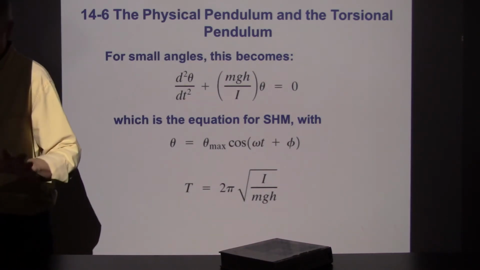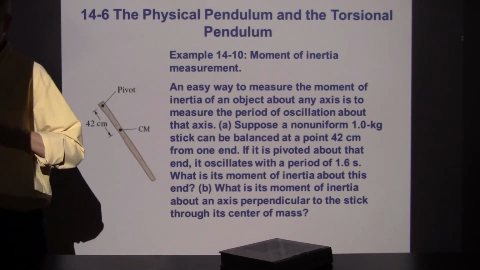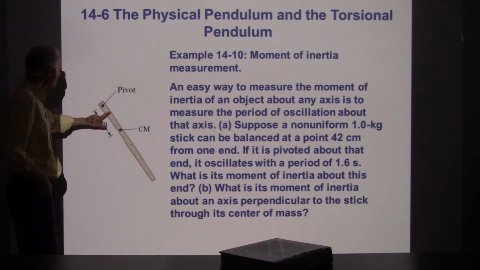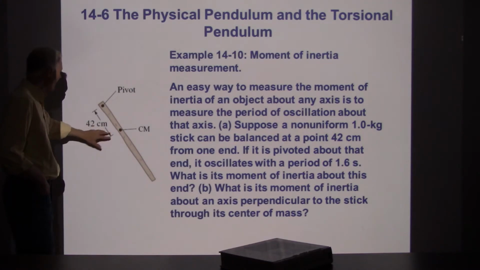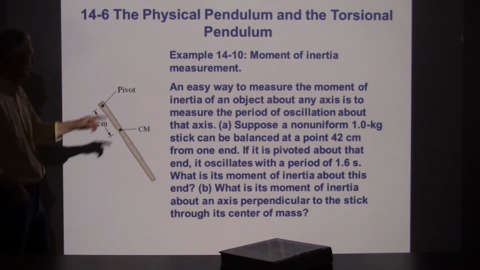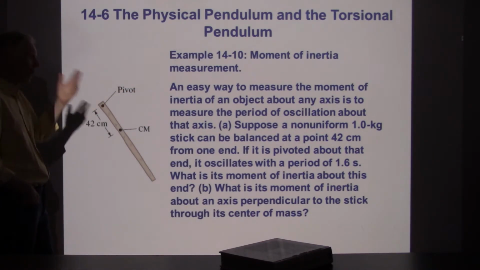Okay, and here's all the formulas they have. I'm not so worried about these. Here we go. I'm more interested in this. So here is the example. The distance between the axis and the center of mass is 42 centimeters. That's h. And it's a 1 kilogram stick that is non-uniform.